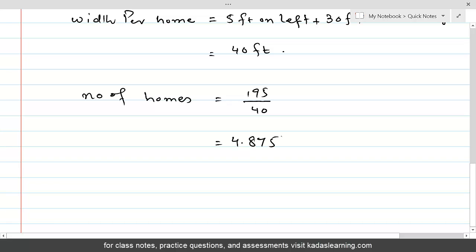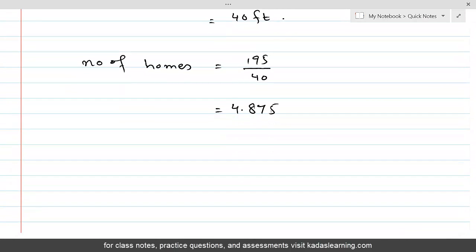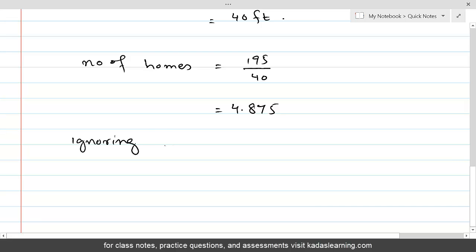We can ignore the decimal part because home is only going to be a whole number. So ignoring the decimal part, number of homes will be equal to 4. So this is required answer for the given question.